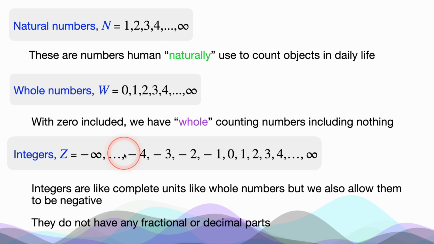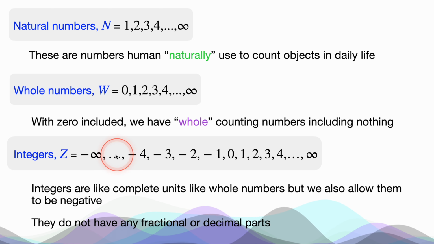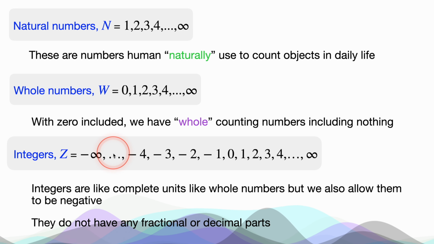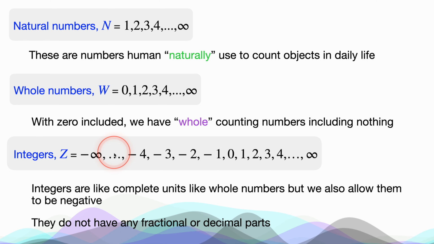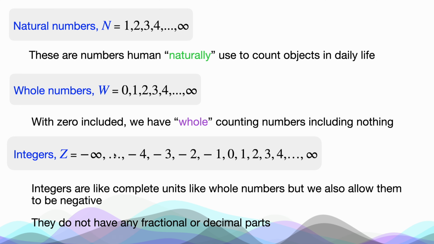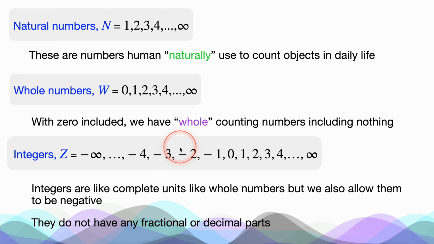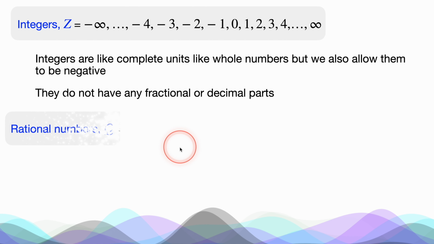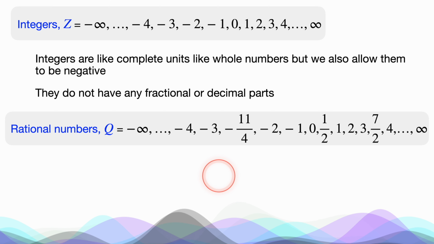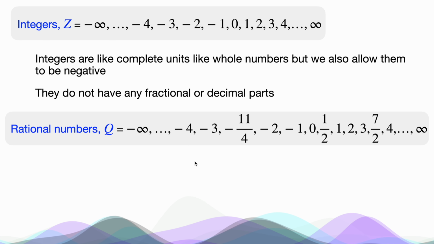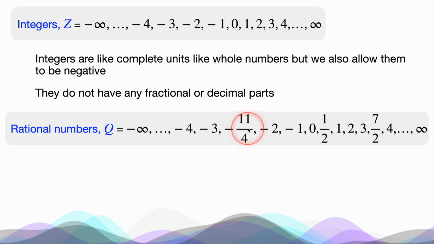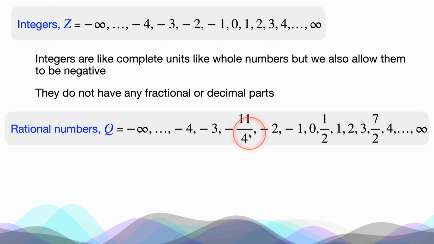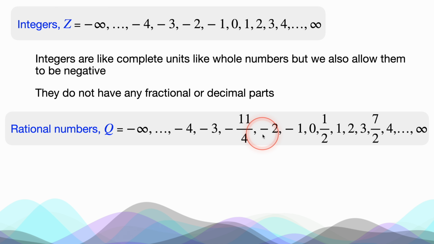Another example, let's say minus 5 by 2. Minus 5 by 2 is not considered an integer. For that we will introduce something new. Therefore, for that we have rational numbers. So rational numbers are a further addition to integers, where we include these ratios or decimal numbers.